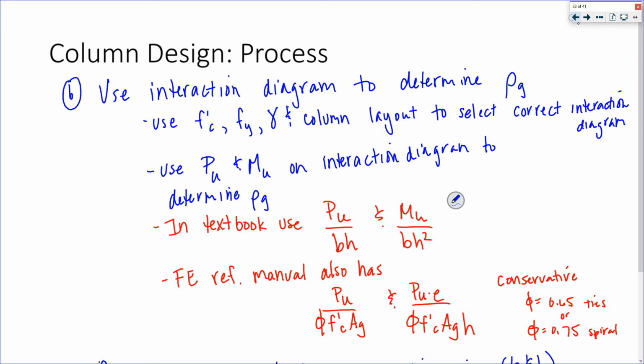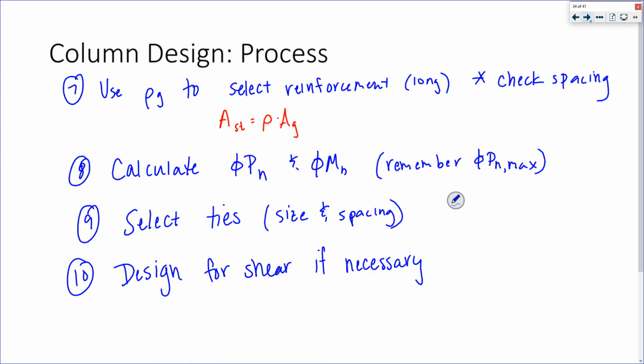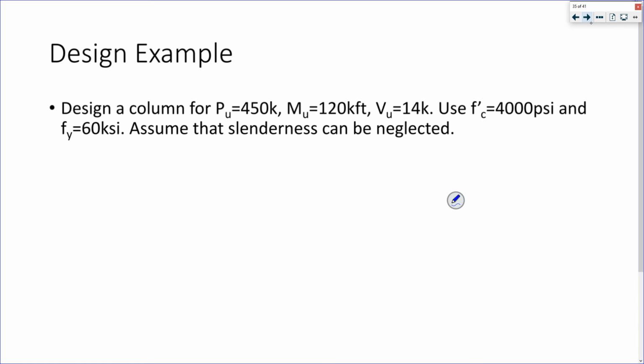So our first step is to select material properties and a trial rho g. The trial rho is just to get a guesstimate on our column size.